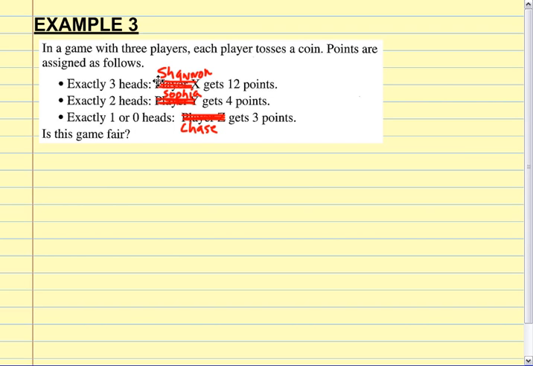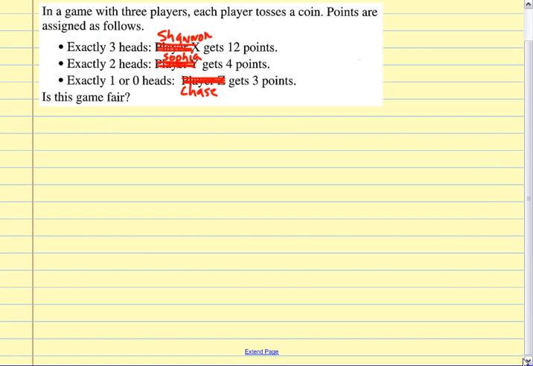Let's see if the game is fair. First off, the first thing we have to do is find out how many different ways these coins can land. Well, I'm going to actually make a list. Here is Shannon, Sophia, and Chase.